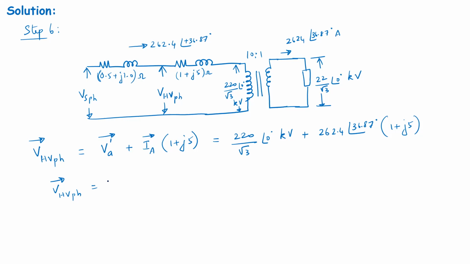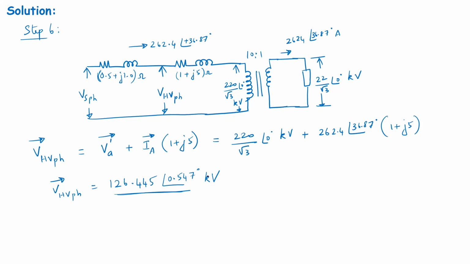So the phase voltage is found to be 126.445 kilovolts at an angle of 0.547 degrees. So it's very close to 0 degrees. Let me recheck this value. So this will be in kilovolts. So 262.4 at an angle of 36.87.